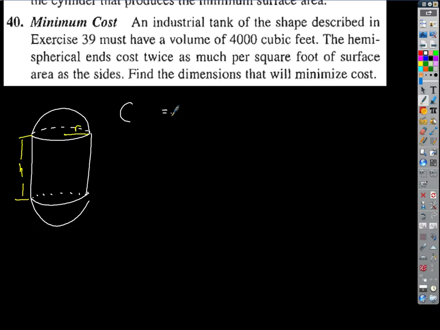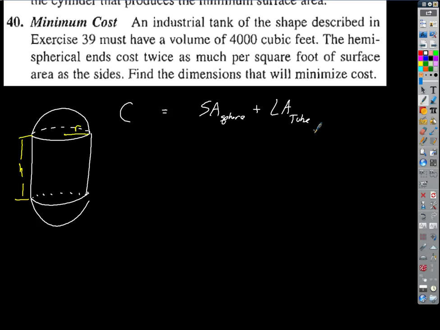Now, one thing that's kind of nice, the two hemispheres combine to what? A sphere. Good. So we're going to have the surface area of a sphere, of our sphere, times what? Well, okay, plus, we'll call this the lateral area. The lateral area of the tube times what?